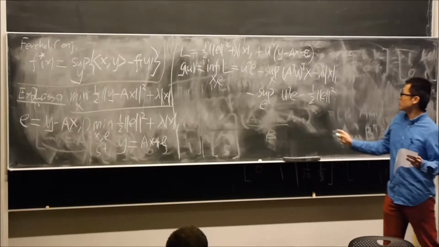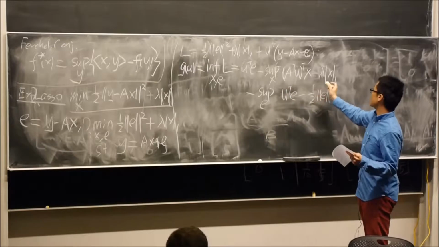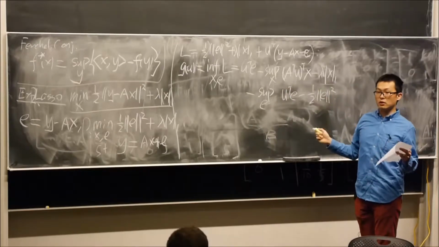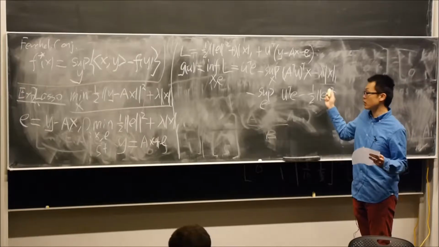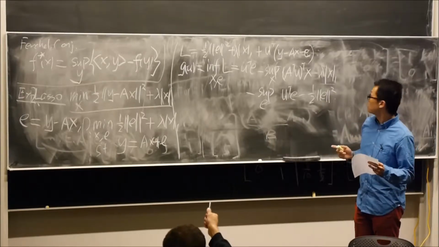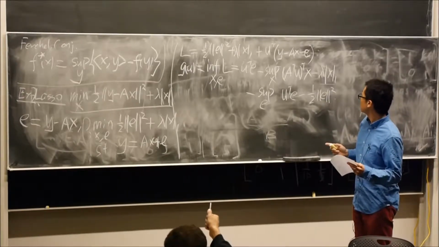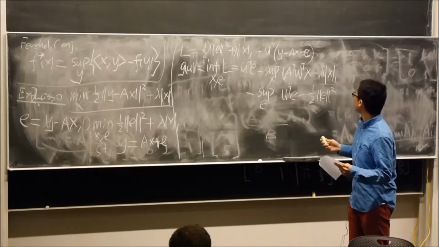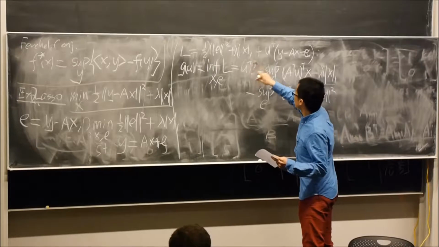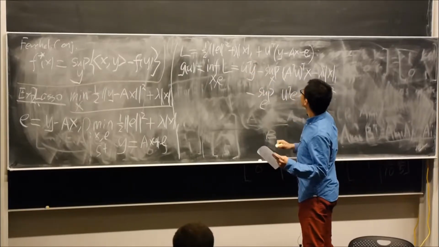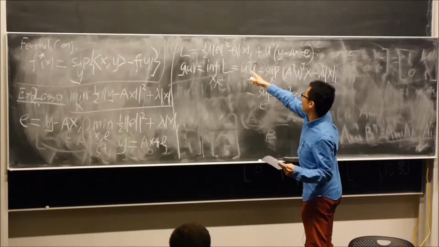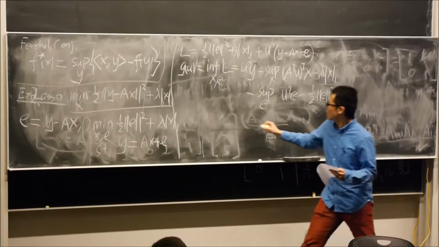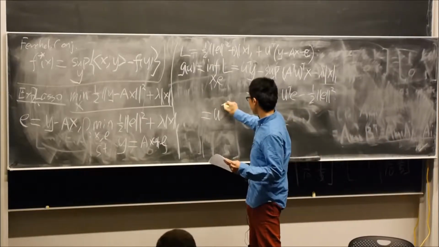But wait a minute, because of the Fenchel conjugate, we know that the Fenchel conjugate of the 1 norm is simply the infinity norm indicator function. I think that u transpose e at the beginning is redundant. Sorry, I had a typo there. So this reduces to u transpose y.